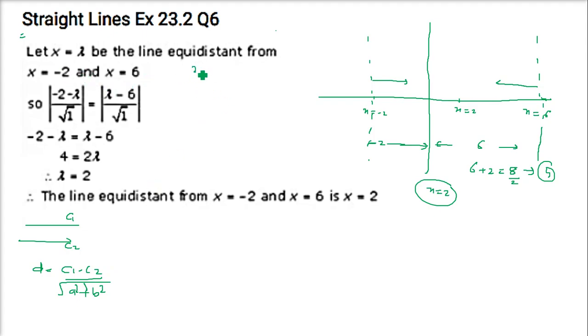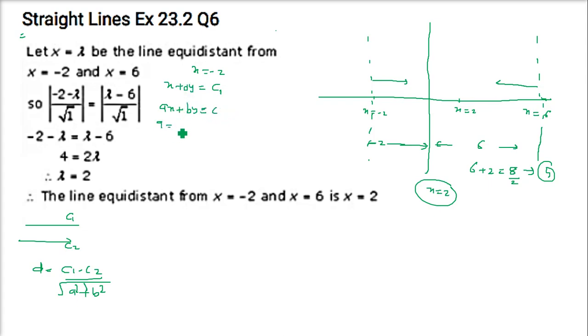Now consider this line, x equals minus 2. Here I can write it as x plus 0y equals c. Let us say that this is c1, and let me compare it with ax plus by equals c.